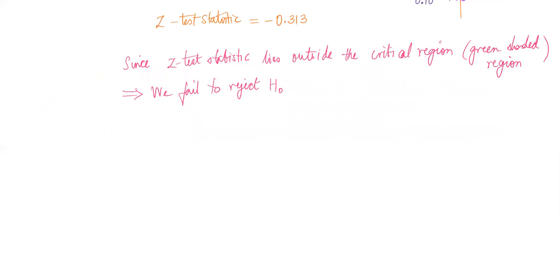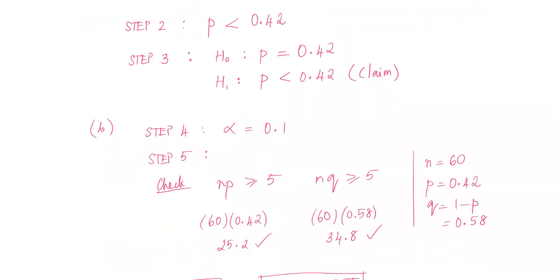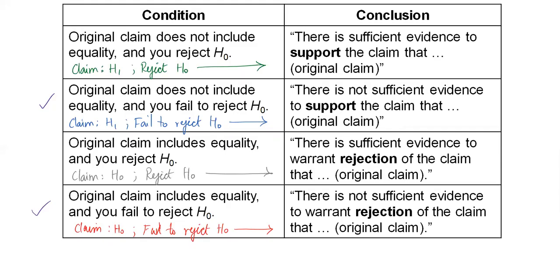So go back to our claim. The claim sits in the alternative hypothesis. So the claim is in H1 and we fail to reject H0. So we use the second condition: there is not sufficient evidence to support the claim.